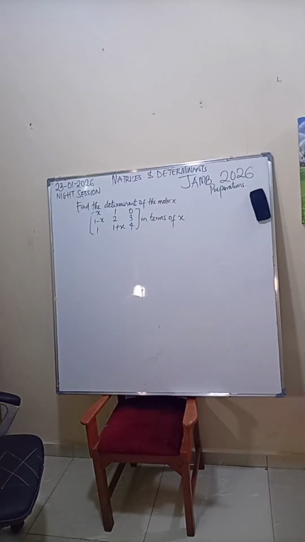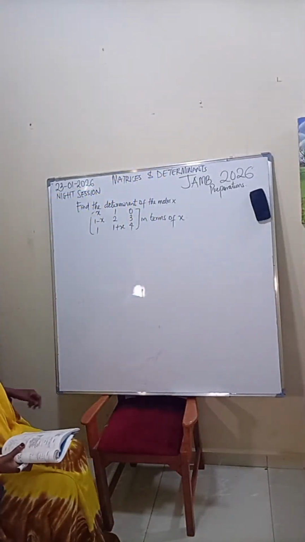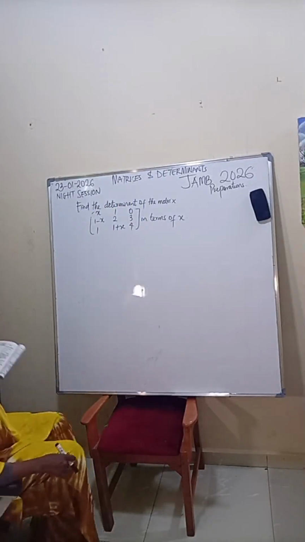Find the determinant of the matrix x, 1 minus x, 1, 1, 2, 1 plus x, 0, 3, 4. Yeah, we have less than 20 minutes to finish this slide. Let's see if we can solve 2 or 3 before we finish. Drop your answer in the comments. Okay, let me give the options.